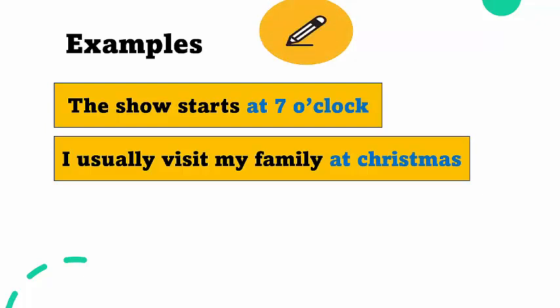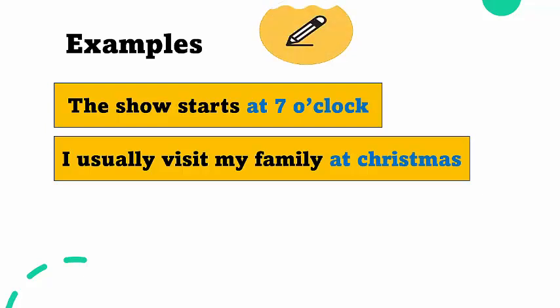Pay attention to that example, because in another usage I will use on Christmas, but in that way I will mean another date or another occasion. So here, I usually visit my family at Christmas. Christmas here means the occasion of Christmas, or the holiday of Christmas.